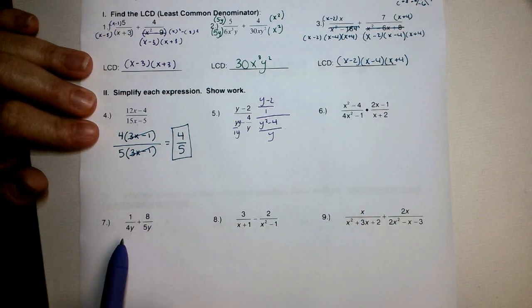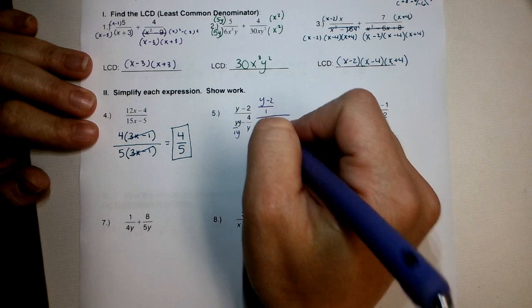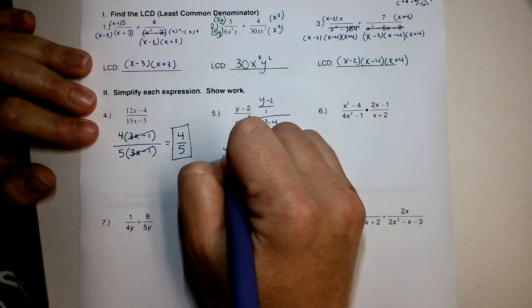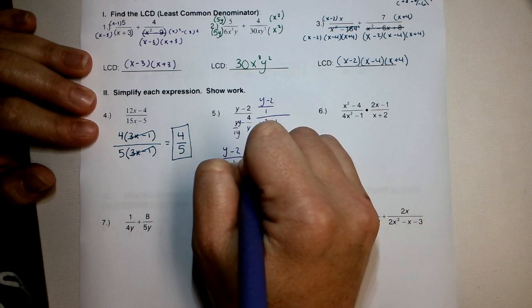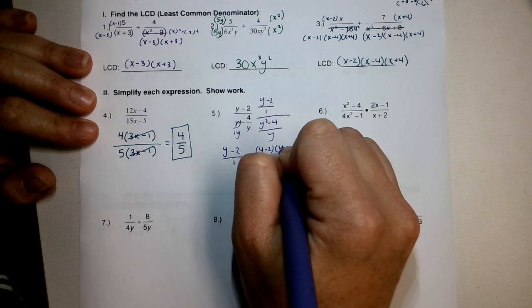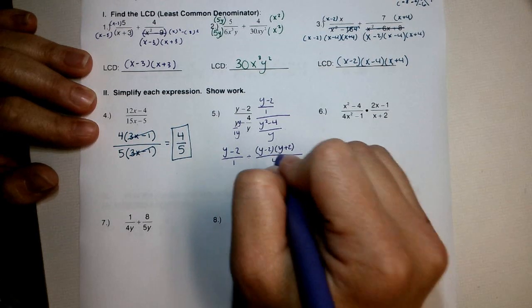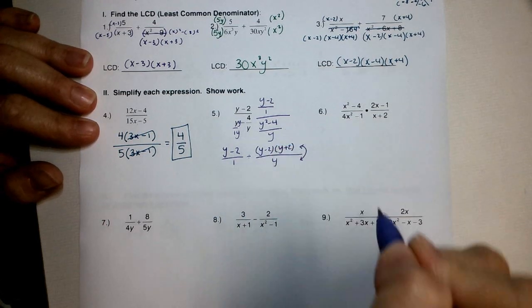Now remember, there's no equal signs here. Therefore, we cannot cancel denominators. Okay, so then this is division. So I have y minus 2 over 1 divided by, I'm going to factor that. I get y minus 2, y plus 2, because it's a perfect square minus a perfect square. But since it's division, we have to flip and multiply.